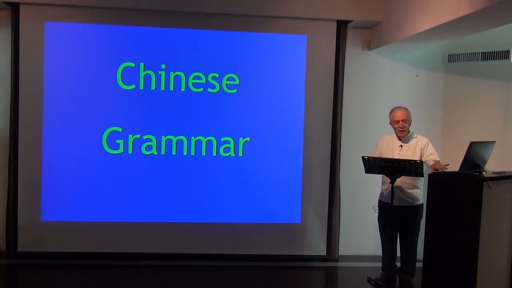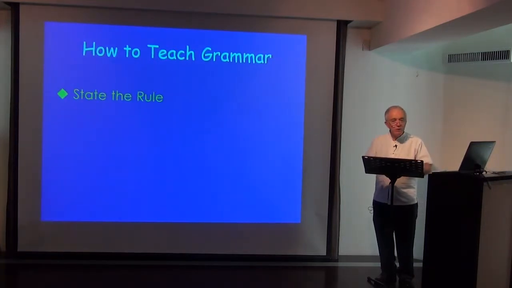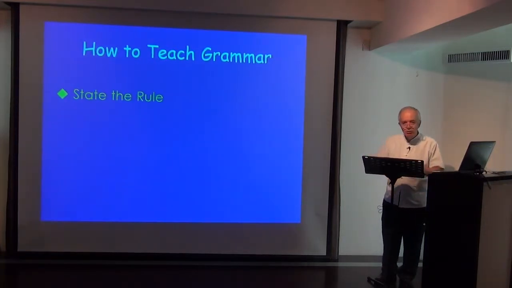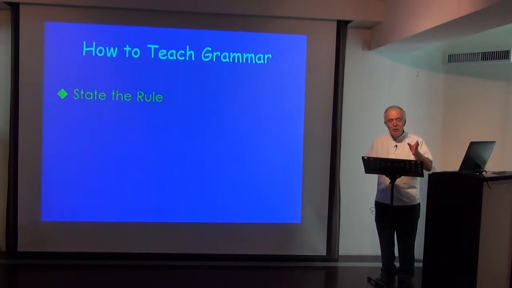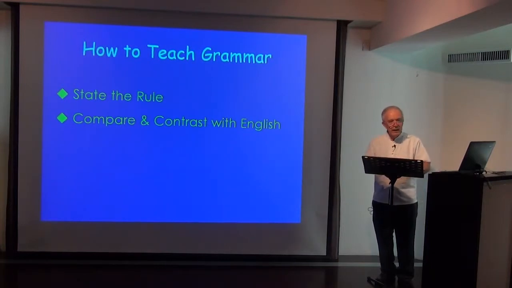Now, when it comes to teaching grammar, what we need to do is first state the rule. You take time words, say in Chinese it's subject, time word, verb, object. Then next we need to contrast it with English.